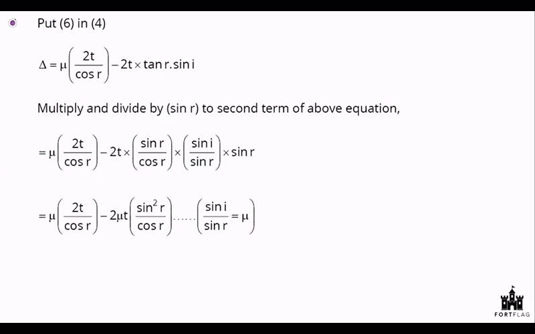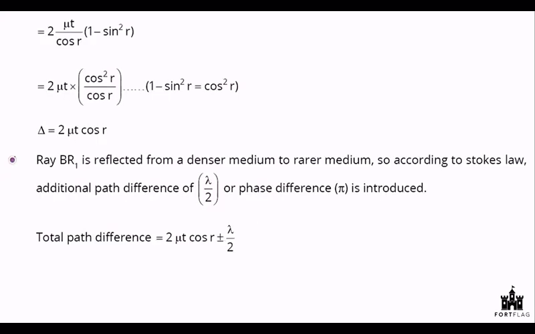That sin i by sin r becomes mu, and so the second term becomes 2 mu t sine square r by cosine r. Then you can take 2 mu t common, and cosine r also common. In the bracket you have 1 minus sine square r. So 1 minus sine square r you can write as cosine square r, and one cosine can get cancelled out. So the path difference simplifies to 2 mu t cosine r.